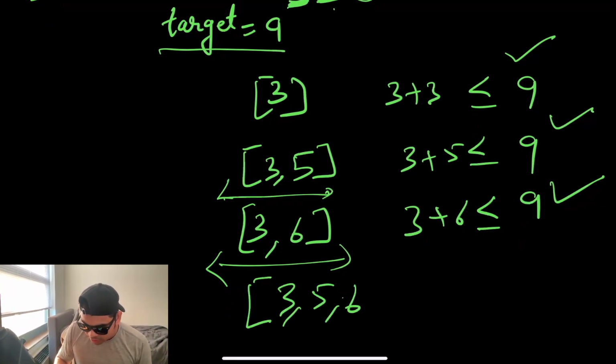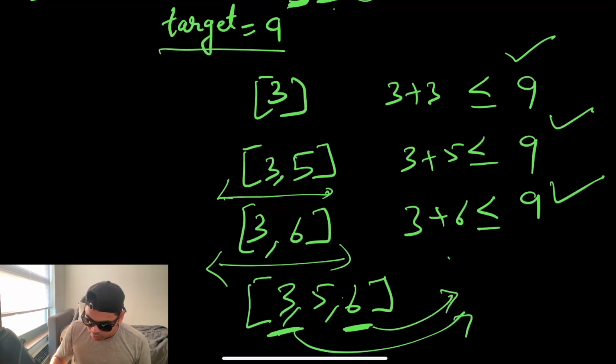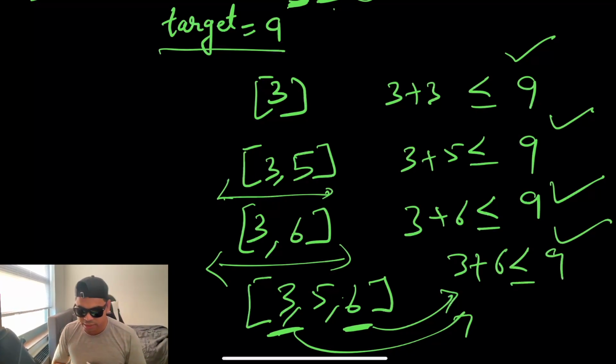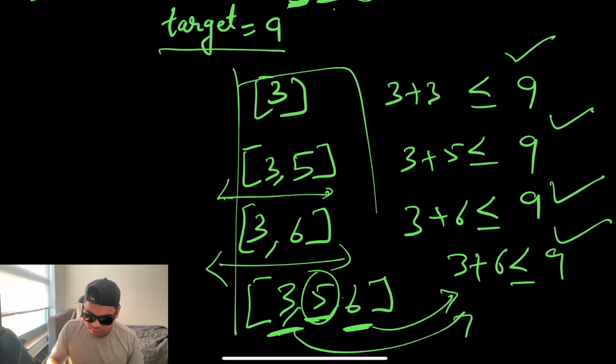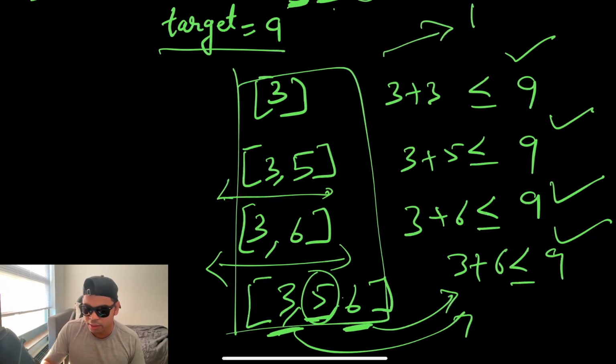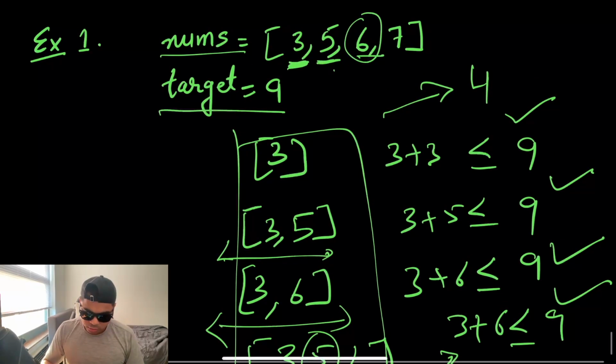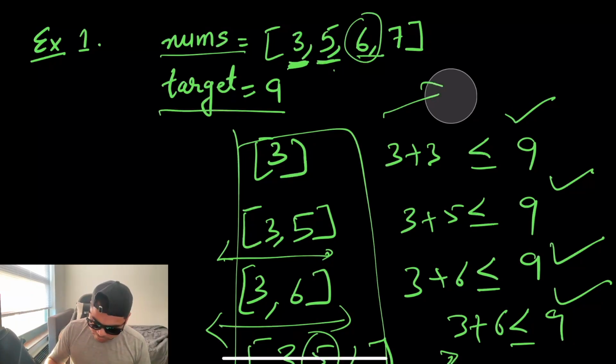Because 5 here doesn't matter. The maximum is 6 and the minimum is 3. So at the end of the day, for our condition, we'll be adding 3 and 6, less than or equal to 9. That also satisfies the condition, but the appearance of 5 doesn't really matter here. So in this case, we have four subsequences that satisfy our condition. That will be our answer.